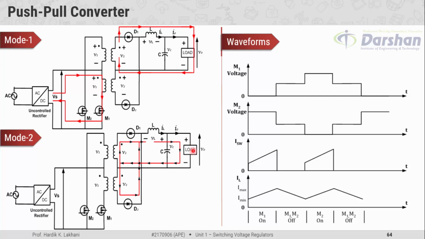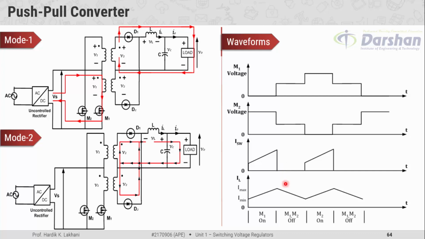So during the second interval, the voltage drop across MOSFET 1 and MOSFET 2, both are the same as the supply voltage. In the second interval, because MOSFET 1 is in the off condition, there is no current flow through switch 1.